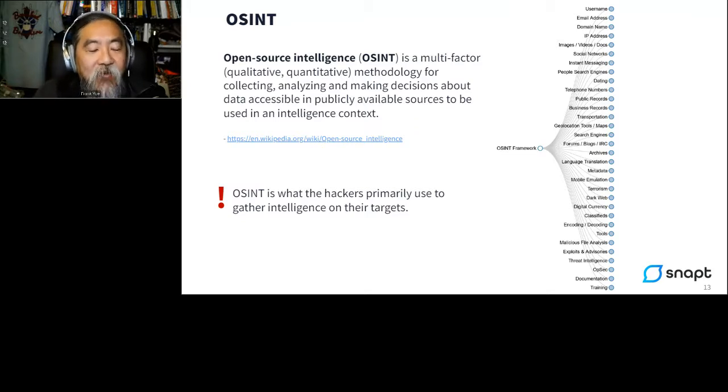And then from there, they can get into the more personal and private, where they do the phishing attacks, where they send emails or might call you and say, hey, I'm from IT, I need to reset your password. What's your password? I had to get the information to get to that point, and that's all based on open source. So open source intelligence is extremely valuable to the hackers and, correspondingly, extremely valuable to you as a cybersecurity professional.